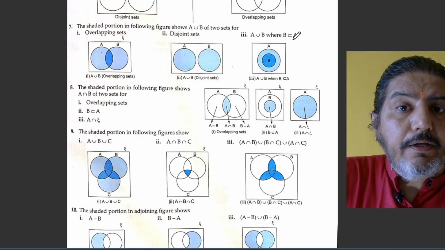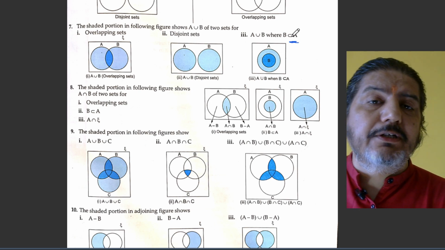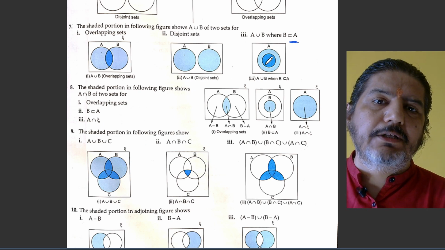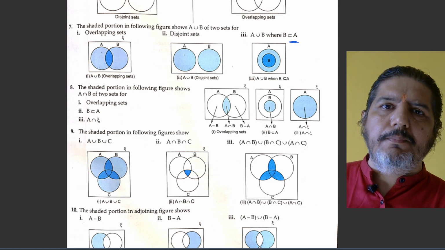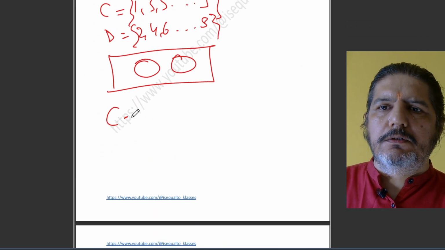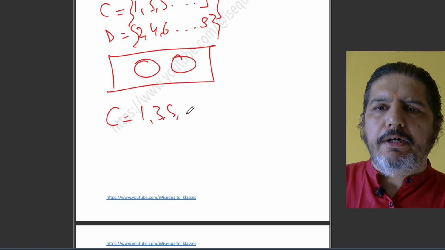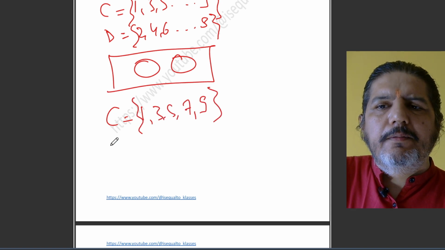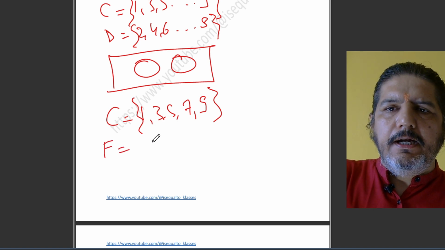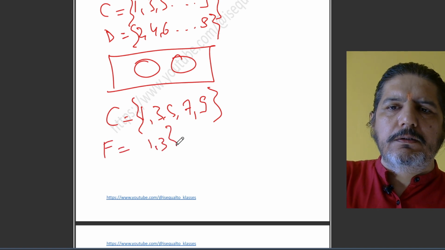A union B, where B is a subset of A. So B is a subset of A, and that is why it looks something like this. For example, let us assume my C is 1, 3, 5, 7, 9. This is how I represented my C. Now let me represent my F. F is a subset of C and it is 1, 3.